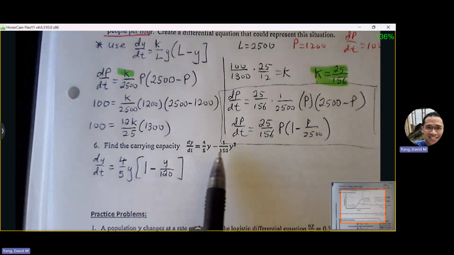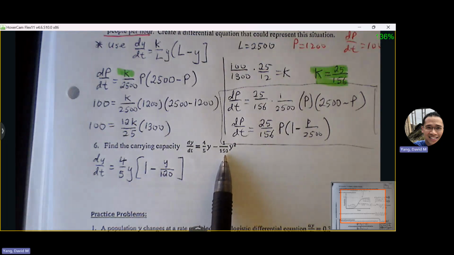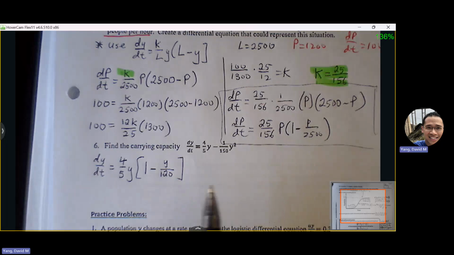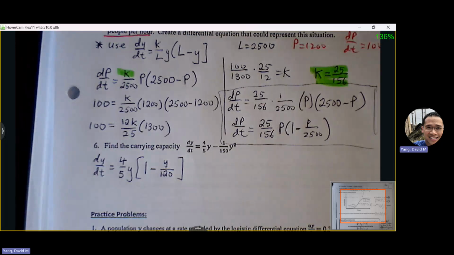So factoring out something that is in the denominator is the same thing as dividing. So if I did 150 divided by 4/5, sorry, 150 times 4/5, I get 120.